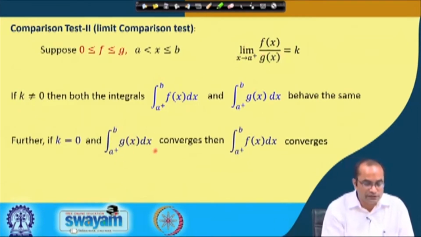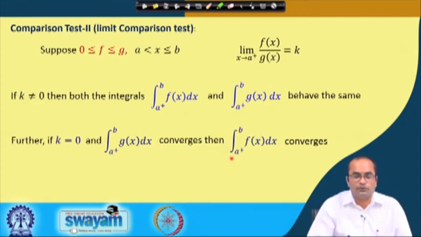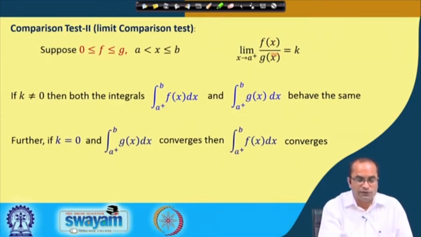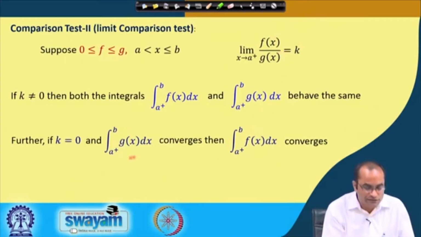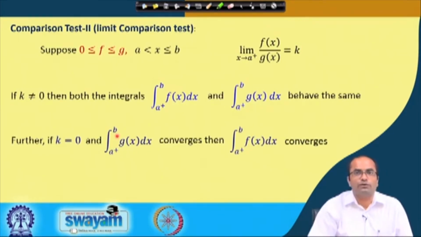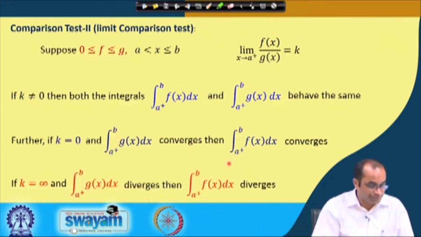So, if the integral of g converges in this case, then we can tell that the integral of f will also converge because of this limit here. This g will be growing faster, and that is the reason we are getting this 0, and in that case if g converges, f will also converge.